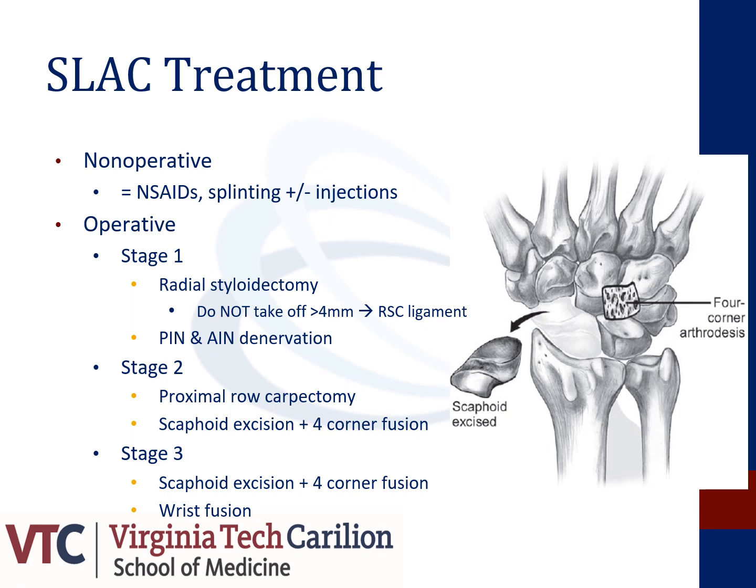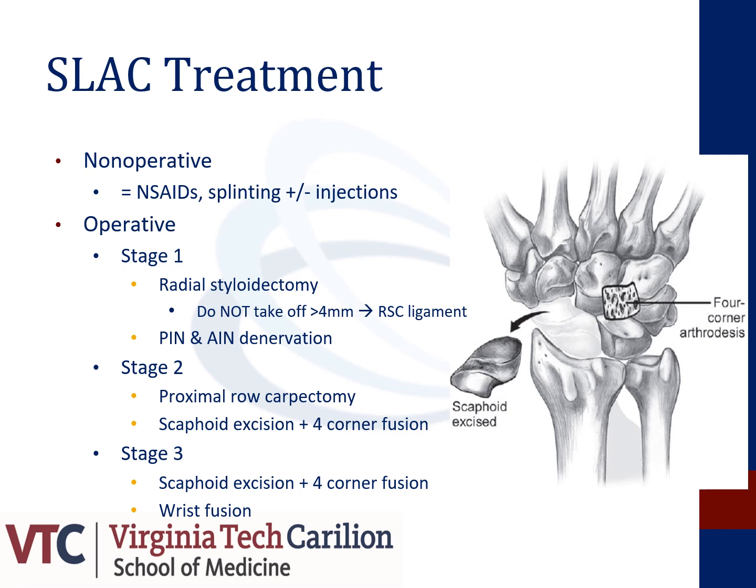For operative intervention, that is driven by the Watson classification. If they are a stage 1, where it's arthritis between the radial styloid and the scaphoid, you can do a radial styloidectomy. Again, do not take off more than 4 millimeters for concern of damaging your RSC ligament origin, combined with a PIN and an AIN denervation.